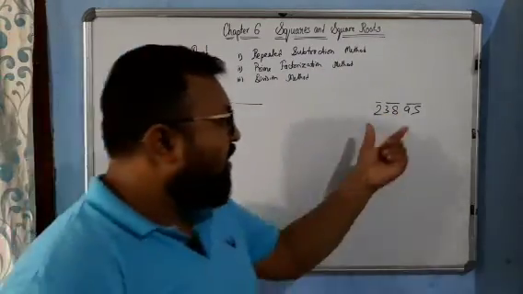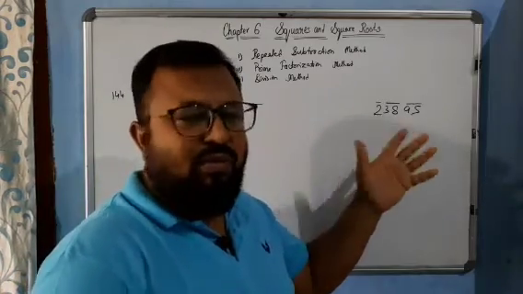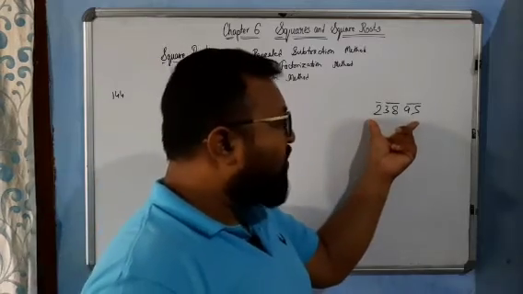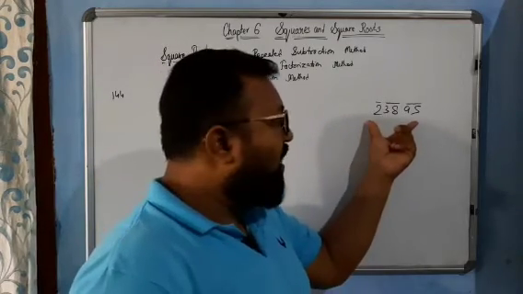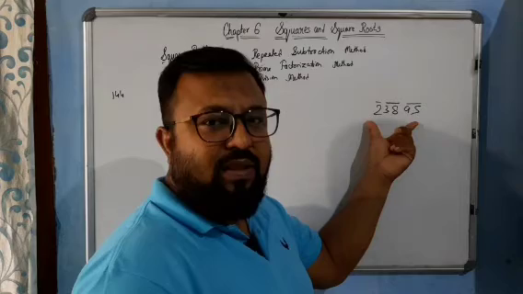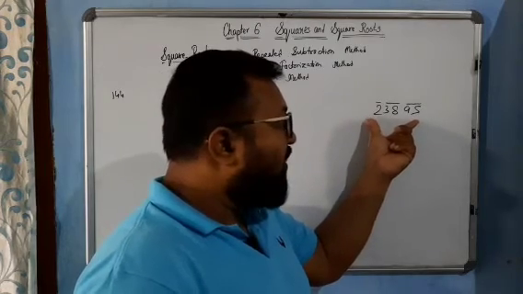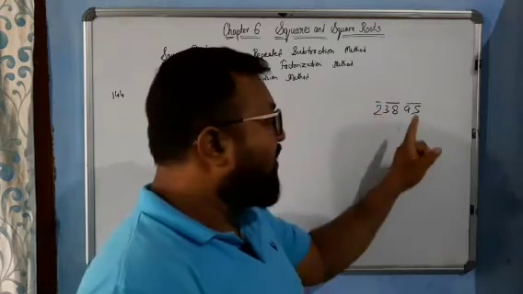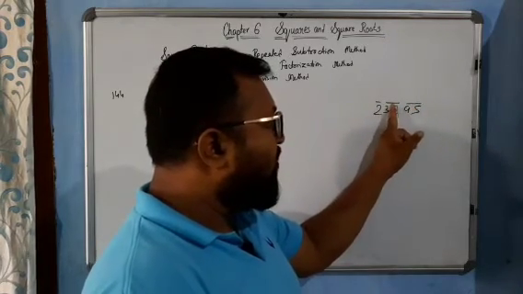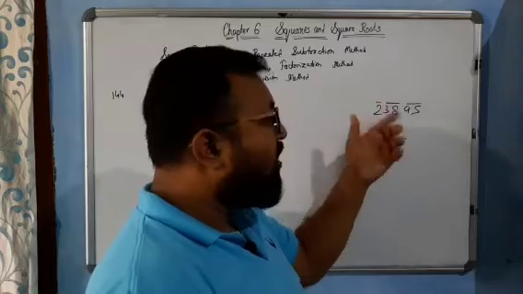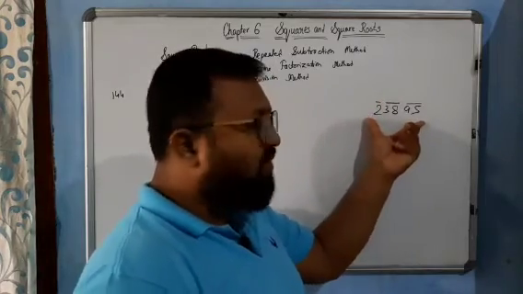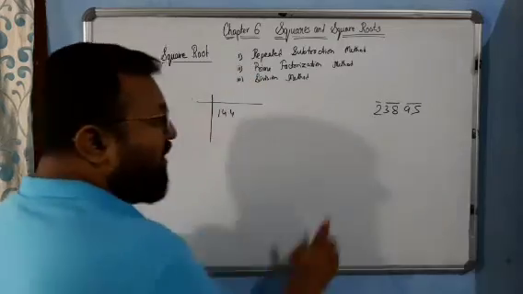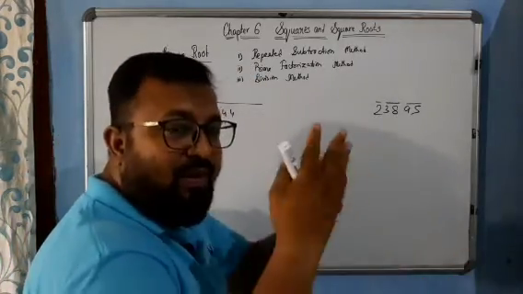If it is a squared number, the square root of this number will have 3 digits. The number of bars shows that whenever you find the square root of this number, you will get the result in 3 digits. Very simple to find out. This fact I will explain while doing the exercise.